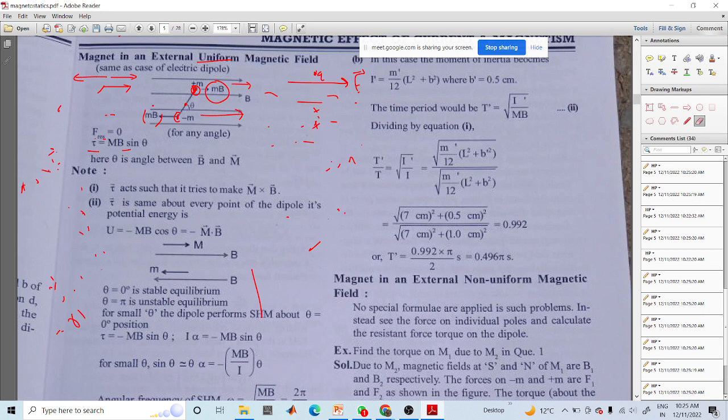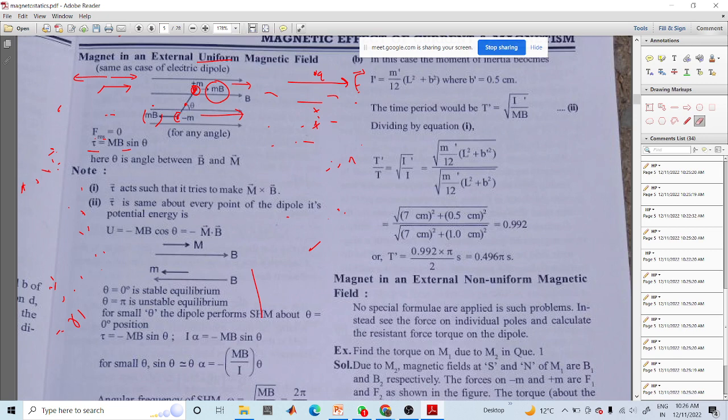For oscillation, theta should be very small. When it oscillates, it follows a particular time period or angular frequency. In this condition we say it goes for SHM, simple harmonic motion.